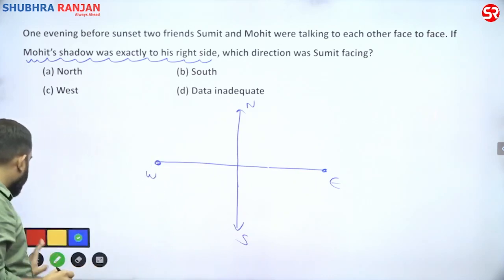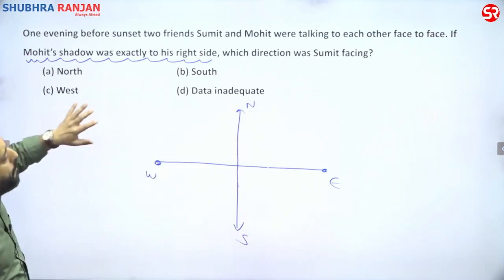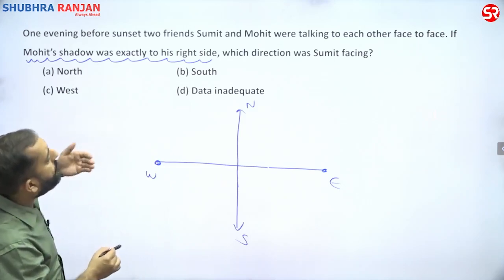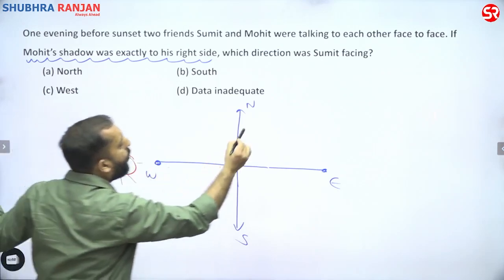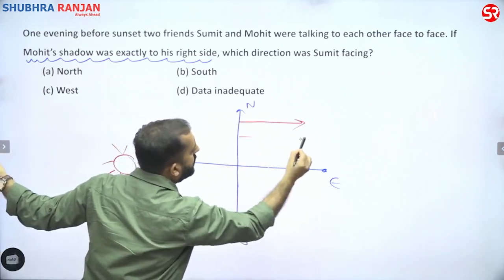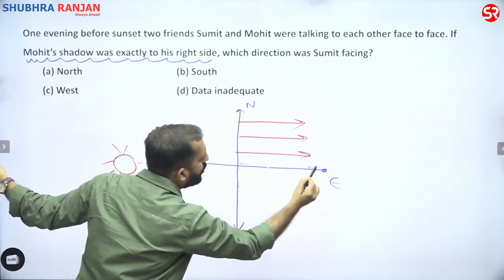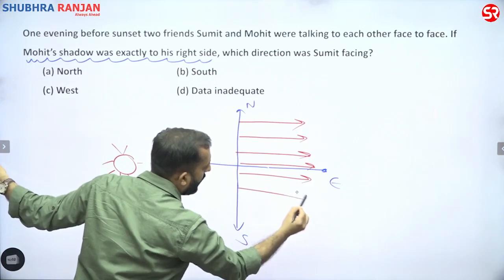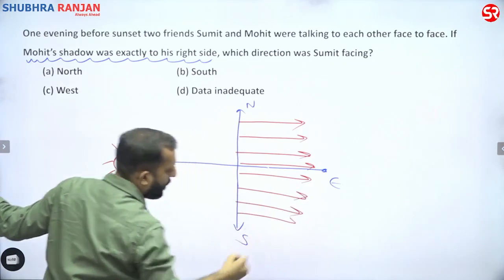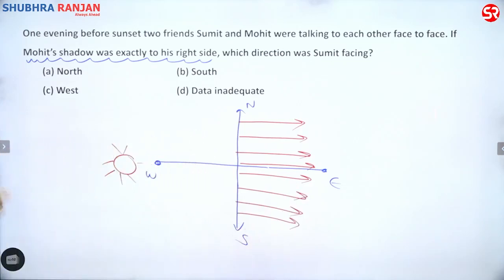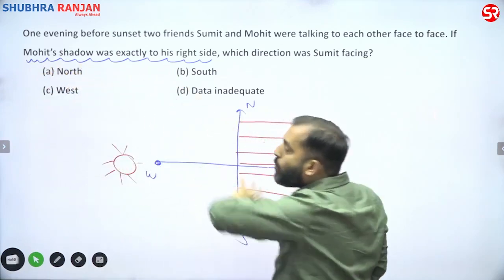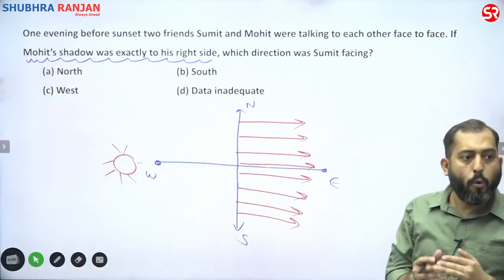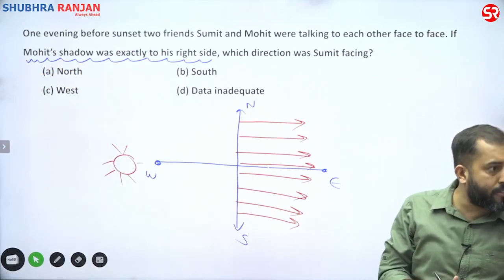Now in this case, see, the sun is in the west, so the shadow will fall towards the east, like this, right? And Mohit's shadow was exactly to his right.